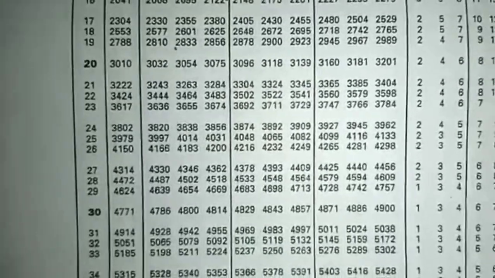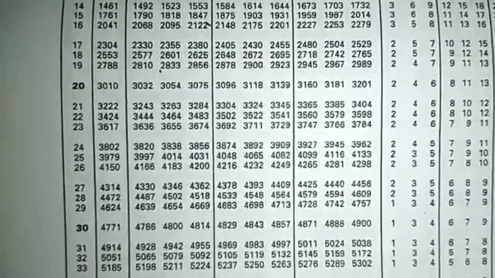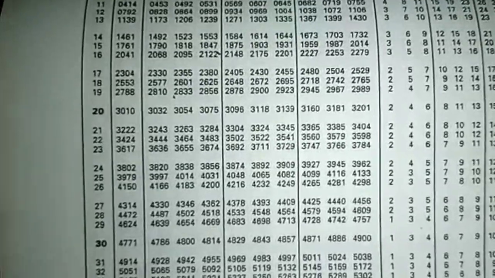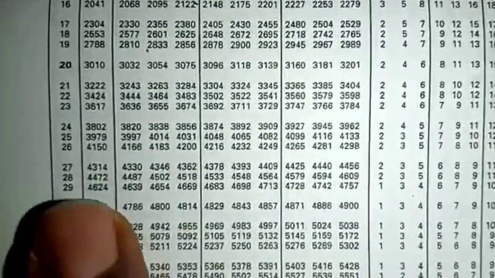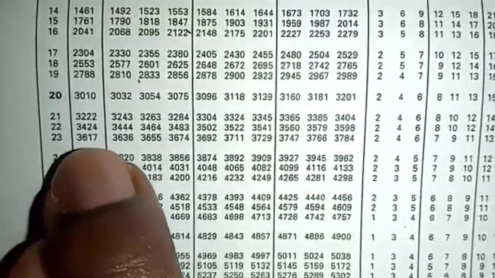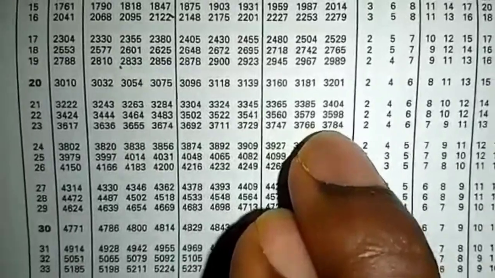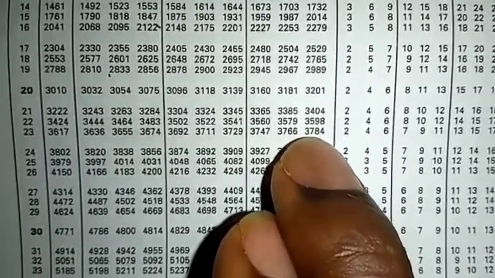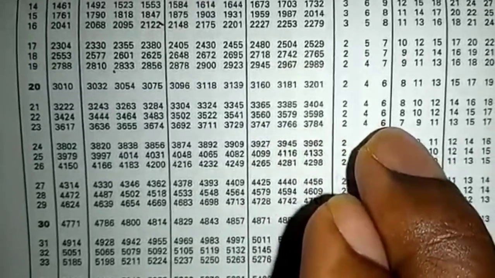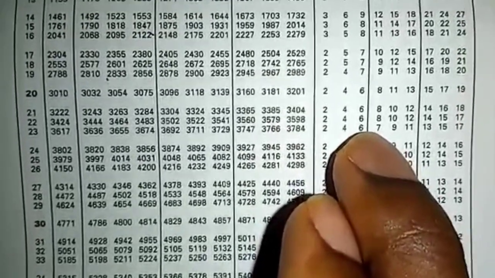So to find the fraction part for 2394, all I need to do is 23 under 9 difference of 4. So as you can see, this 23 under 9, 0, 1, 2, 3, 4, 5, 6, 7, 8, 9. That is 3784. Difference of 4, 1, 2, 3, 4. That is 7. So I'll be doing 3784 plus 7.